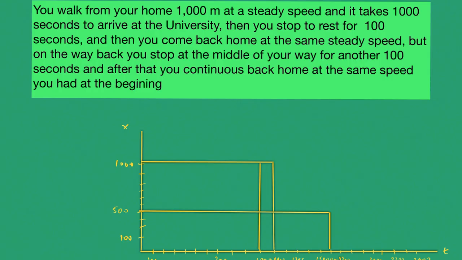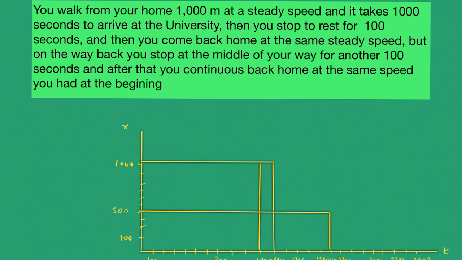Now we are going to solve this problem. We are going to graph x of t, the function that says where the position is at every time for this problem. And the problem says you walk from home, so home is here at the 0. This is home, and you walk from home 1,000 meters, and it takes you 1,000 seconds.